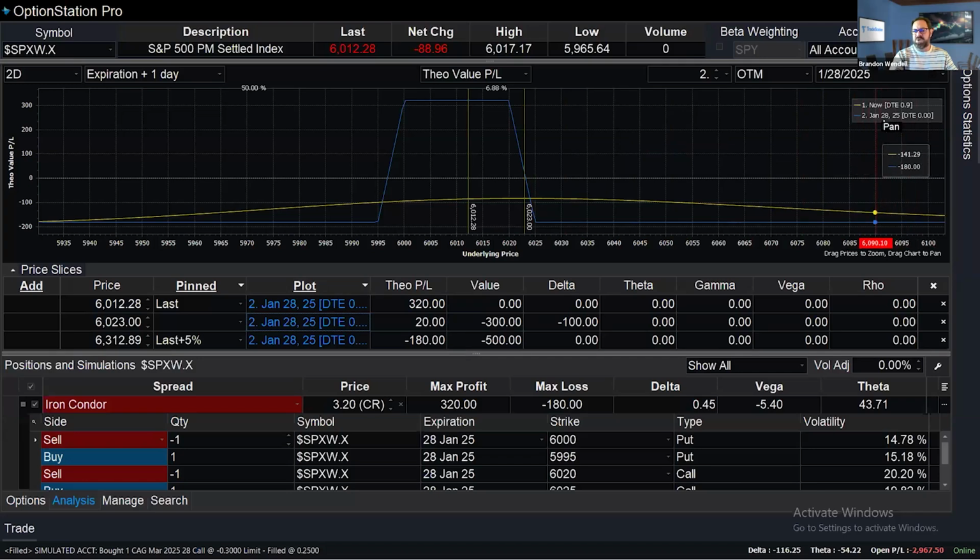I have blue is actually my expiration, 0 DTE. This is now where I have 0.9 days left until expiration. So the numbers will be different depending on which one I'm using. There is my break even on the upside, 60.2320. And then that's the theoretical P&L.